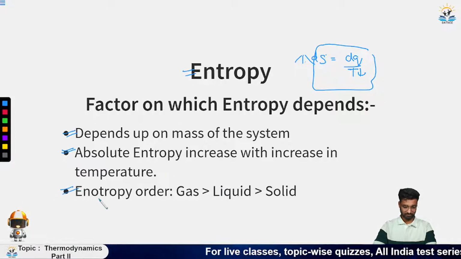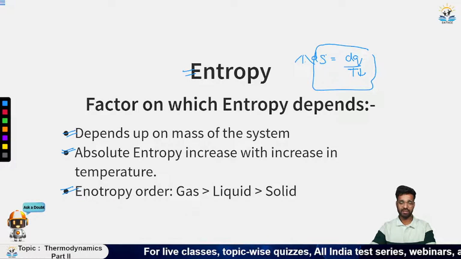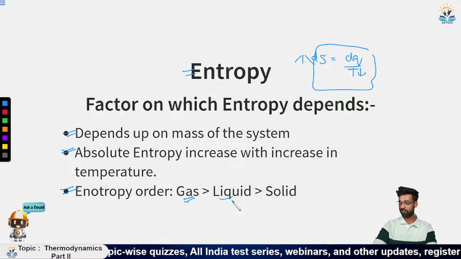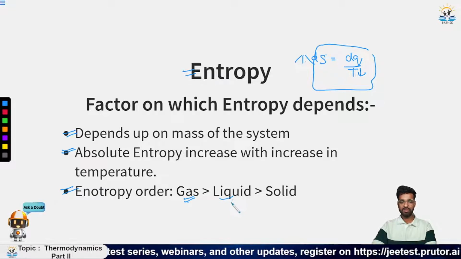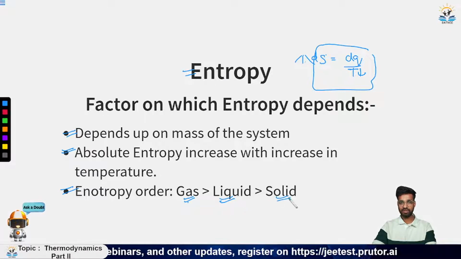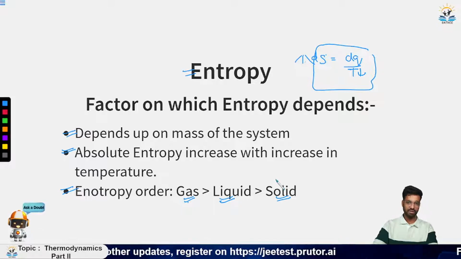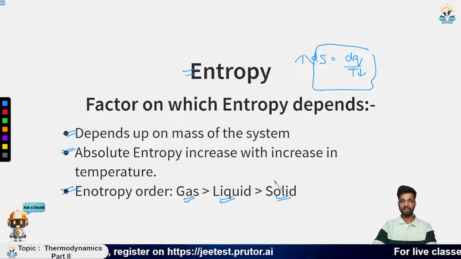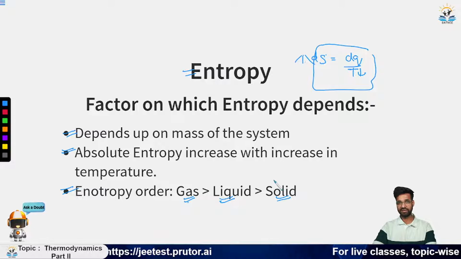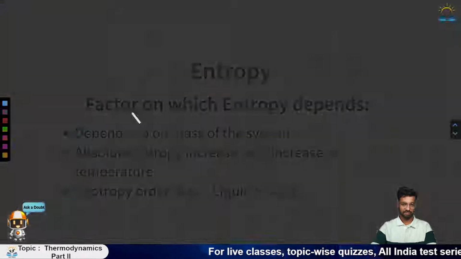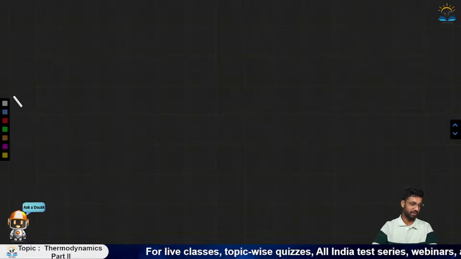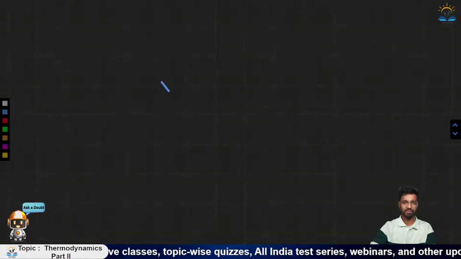Now the entropy order is simply that gas has the highest entropy, because a gas has more randomness, it can move anywhere at any place. Then we have the liquid, then we have the solid. So how are we relating randomness to the number of states that are available? Let us get a more in-depth idea of entropy.